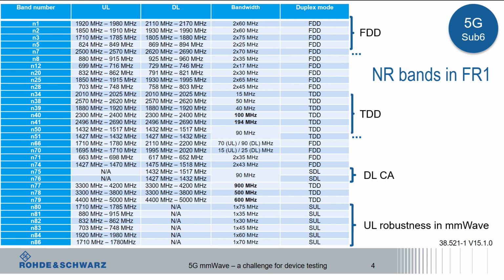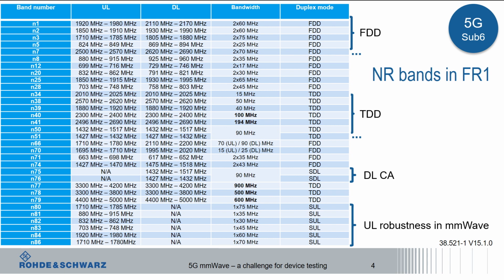It is also meant to be used as an additional uplink if you want a more robust uplink connection in an FR2 link. So you have an FR2 link, which is millimeter wave, which is of course way more difficult to maintain, and to be on the safe side, you could accompany this with an additional uplink in FR1. Those are the bands here, 80 and higher.